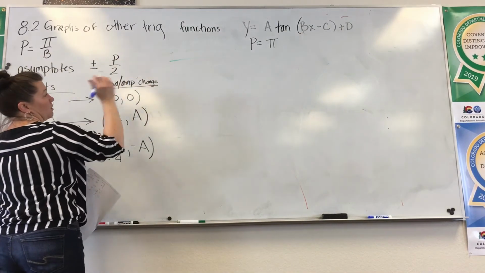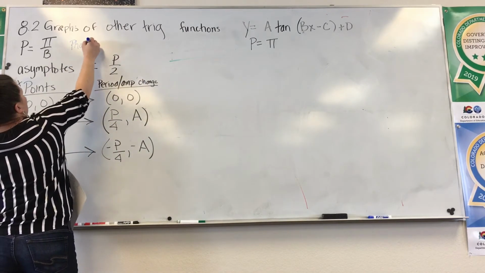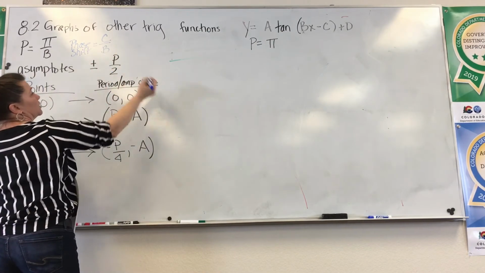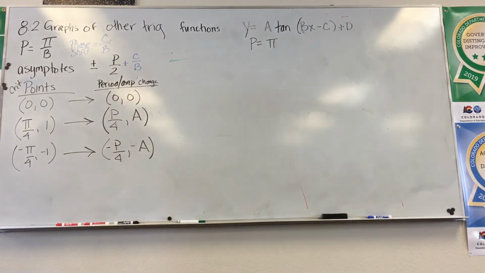Our phase shift is still C over B. So we would have to add C over B to our asymptotes. You have a positive asymptote and you add the phase shift to it. You have the negative asymptote and you add the phase shift to it, because we're moving both of them in the same direction.